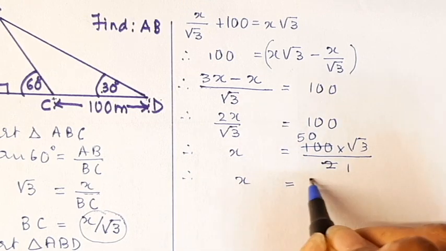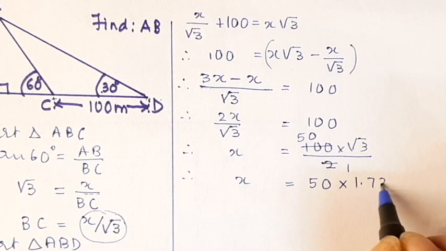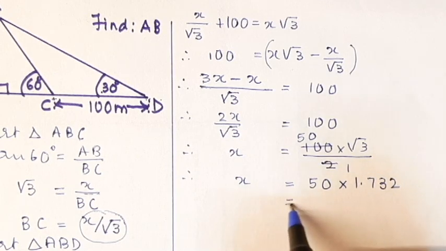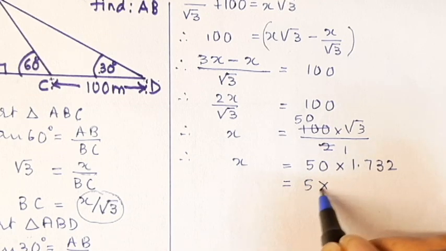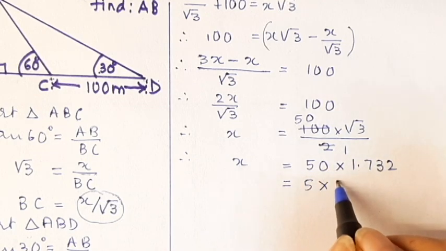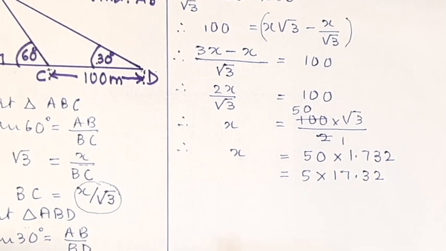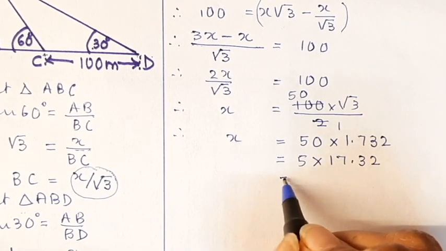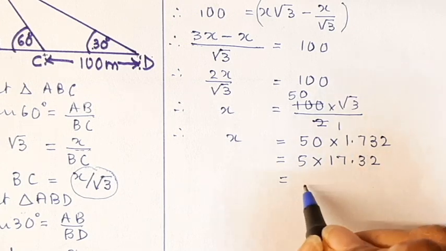and X will now equal 50 multiplied by 1.732. So that will be equal to 5 multiplied by, use this 0 to shift the decimal there, 17.32. Now remember, when we multiply by 5, we keep one 0 here and we just make it into half.